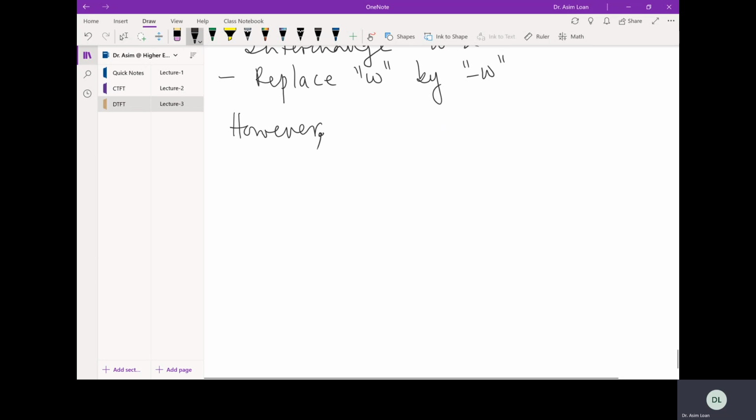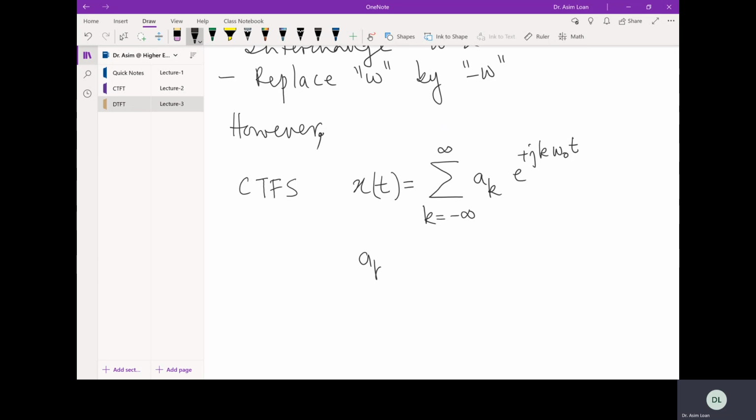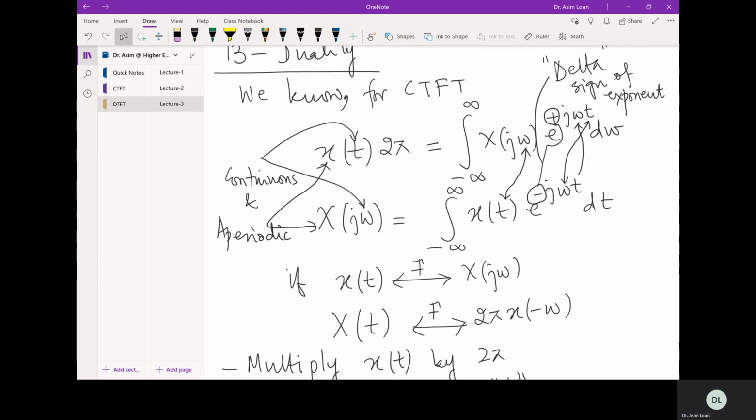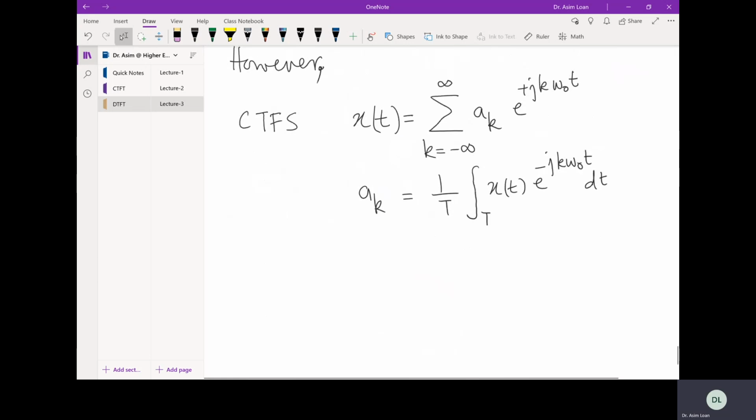note this. For the continuous time Fourier series, we have x of t equals the sum from k equals minus infinity to plus infinity of ak e plus j k omega naught t, and ak equals 1 over T integral of x of t e minus j k omega naught t dt. This is for the continuous time Fourier series.